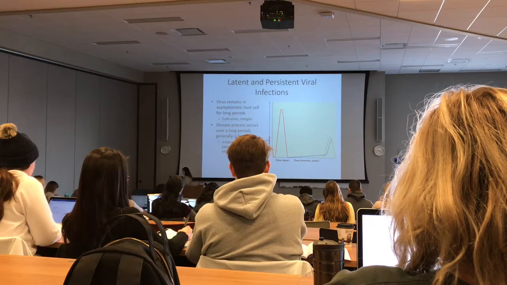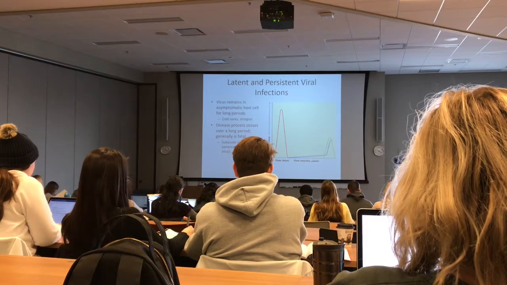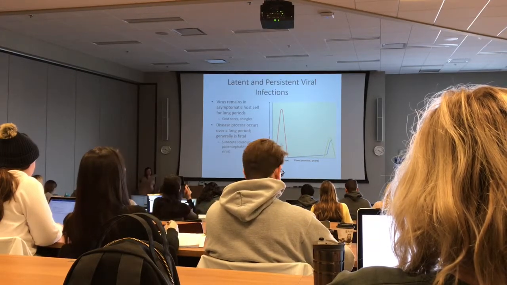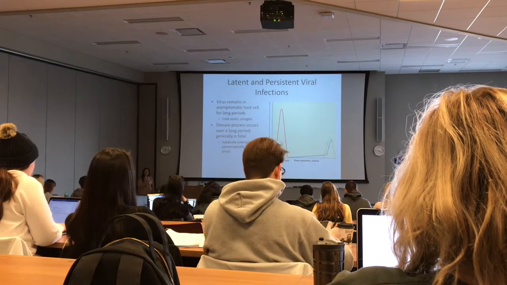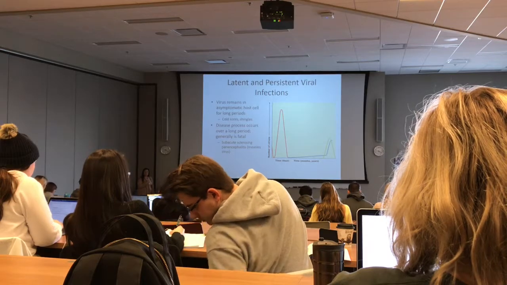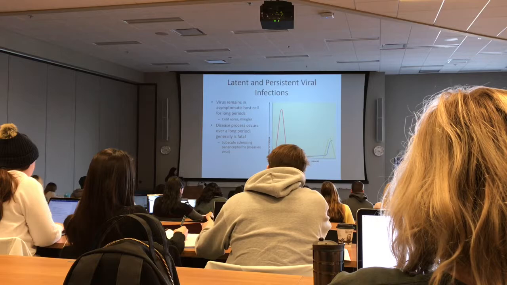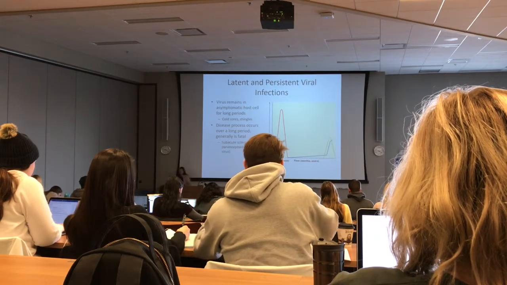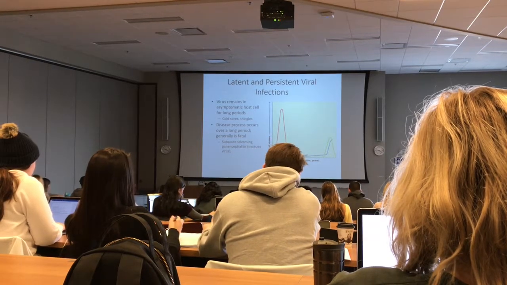We have lots of examples, especially with the viruses, of infections that can show up days, weeks, months, years later, right? What's an example of latency, a latent virus that we talked about? Yeah, shingles, right? HIV, hepatitis. Lots of examples of latency.